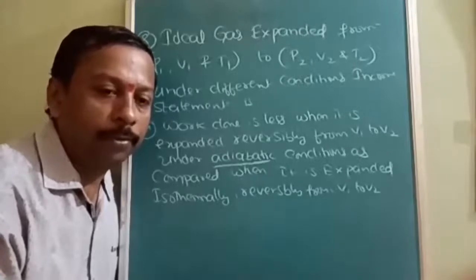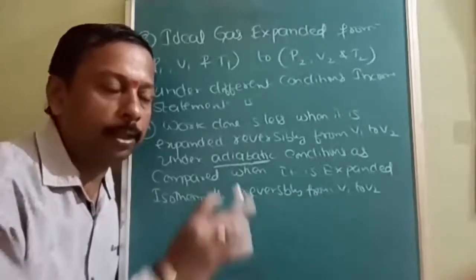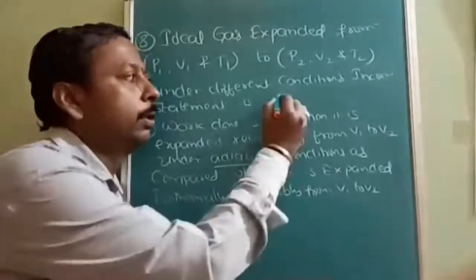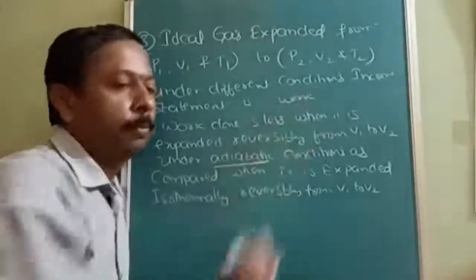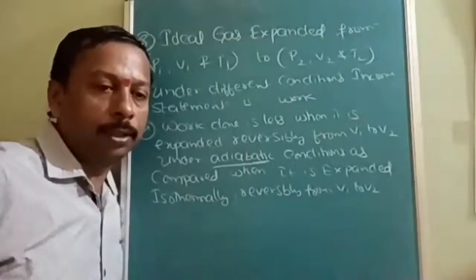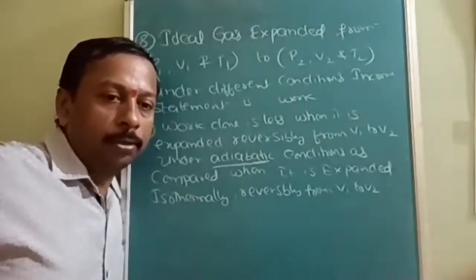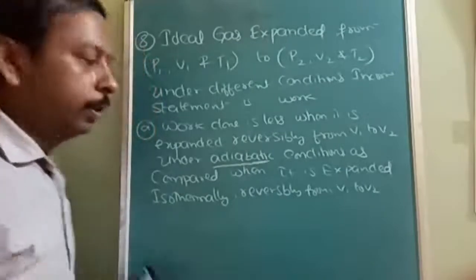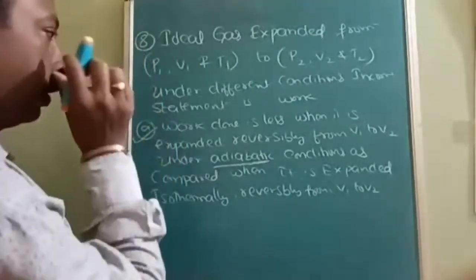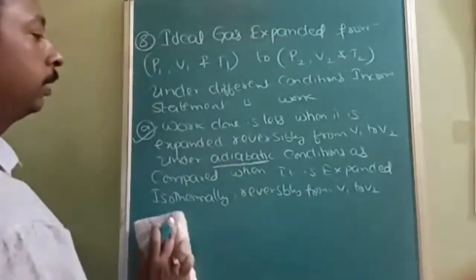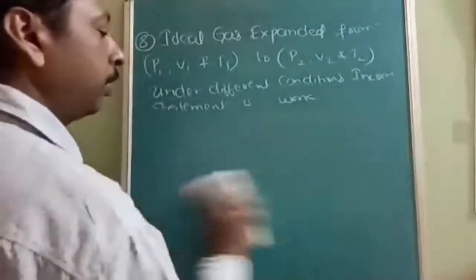I have given only the graph explanation. Through the graph also you can see work done. There is a special video lecture for work done in different processes: adiabatic, isothermal, isobaric, and isochoric. Okay, so refer to that. This is a correct statement only. Work done will be less in adiabatic than isothermal. Okay, so you have to select the wrong option.